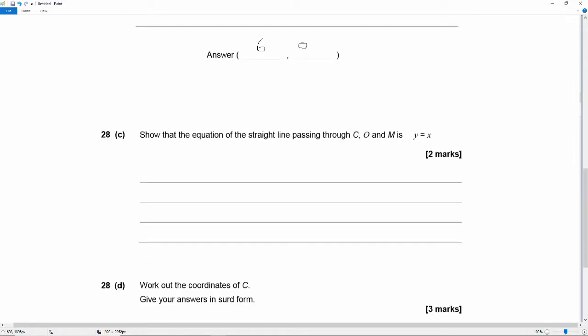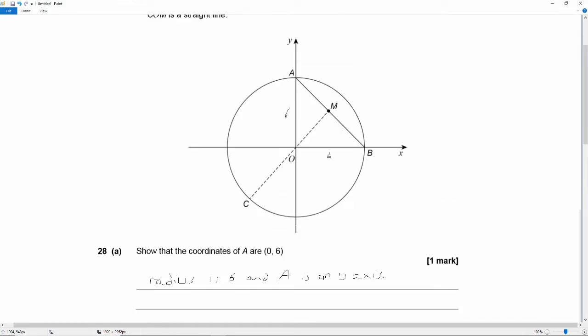28c says show that the equation of the straight line passing through COM is y equals x. So we only have one point, which is 0, 0.